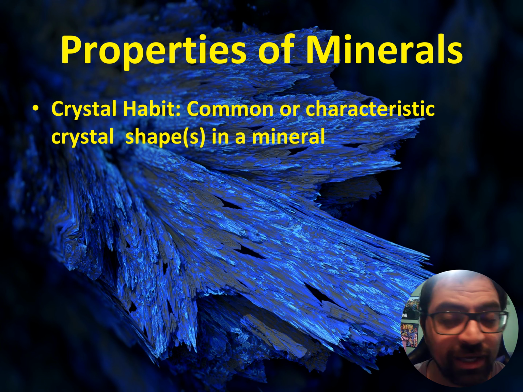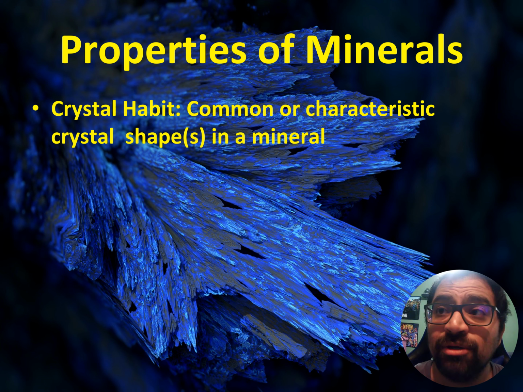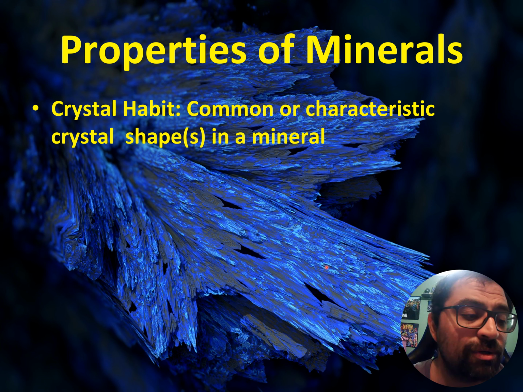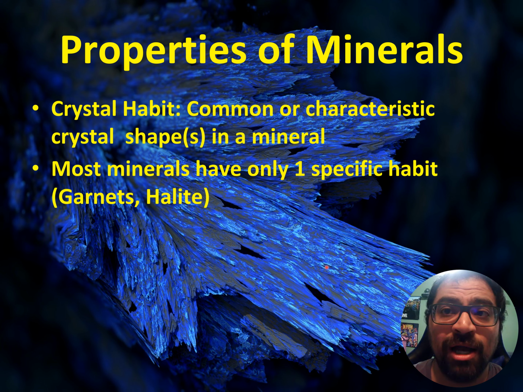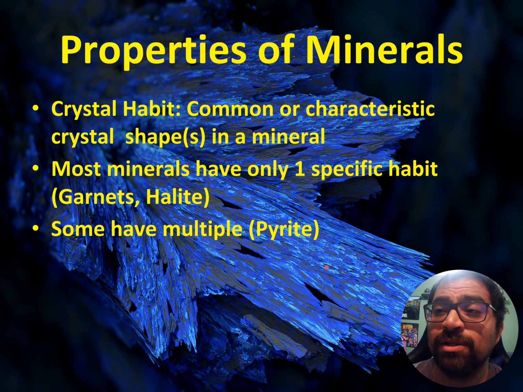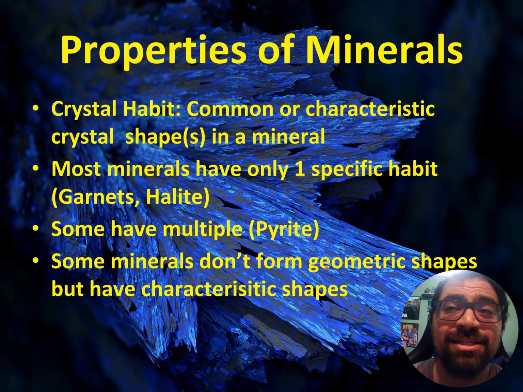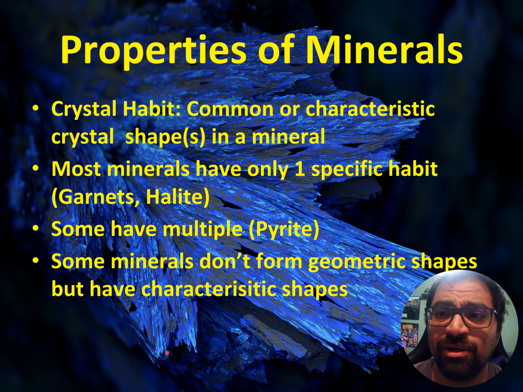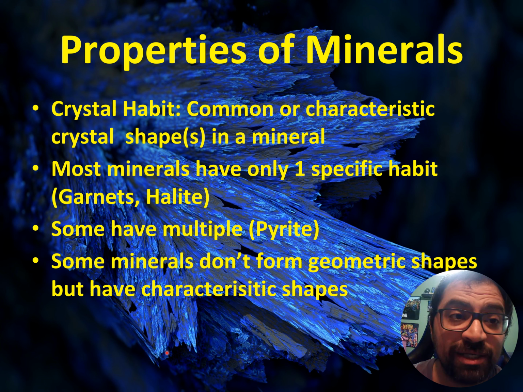That would be an example of a particular crystal habit. Like I said, most minerals tend to have one particular crystal habit. For example, garnets and halite always form crystals in a very specific shape, but sometimes you get multiple ones in things like pyrite. Sometimes you don't get a clear-cut geometric shape, but they have very unique shapes. They look like bubbles, they look like dinner plates, they look like fangs, they look like fibers, and those can be really, really useful in order to identify it.